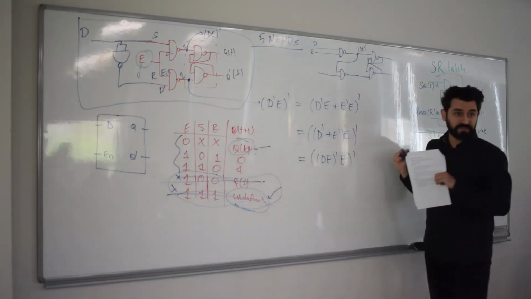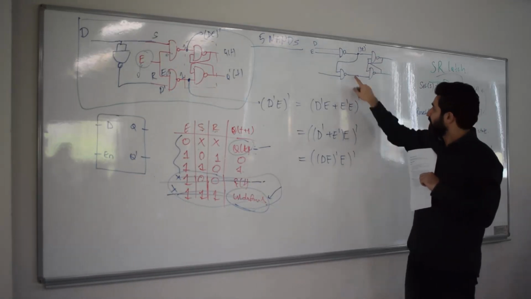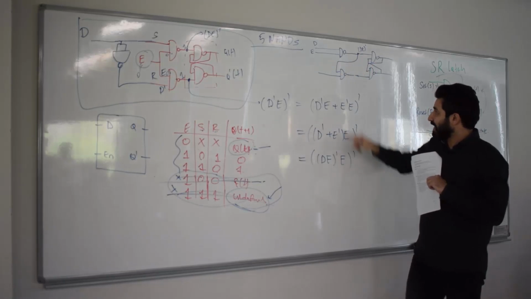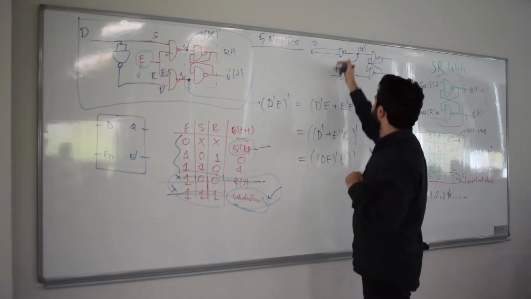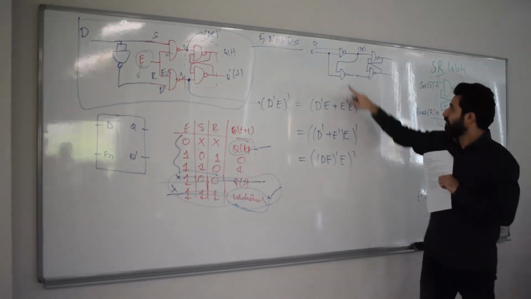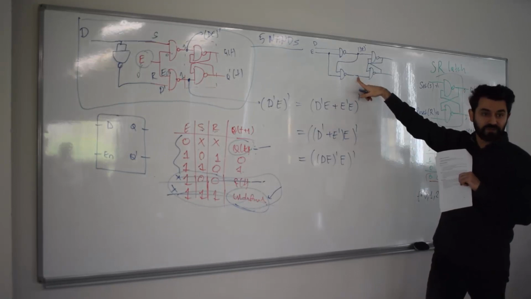I've drawn it step by step so that you can follow. This is D E prime, okay? And then this should be this thing, and E, so let's just connect the E here. Right, here we go. This is exactly what I wanted to get.